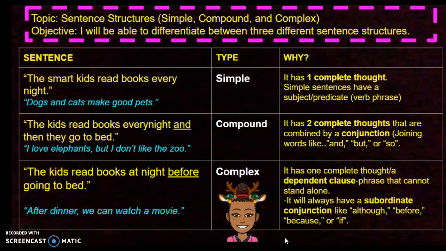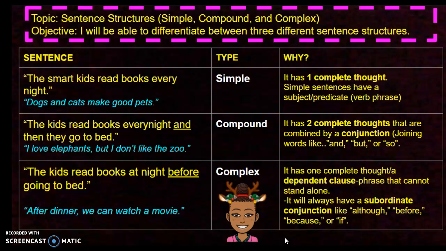It's a dependent clause. That means that piece can't stand alone, okay? And complex sentences will always have a subordinate conjunction, okay? And that's AWUBIS. And we talked about that just a little bit earlier, and there's an anchor chart that I've included here in your Canvas course that lists all of the AWUBIS conjunctions there, okay?